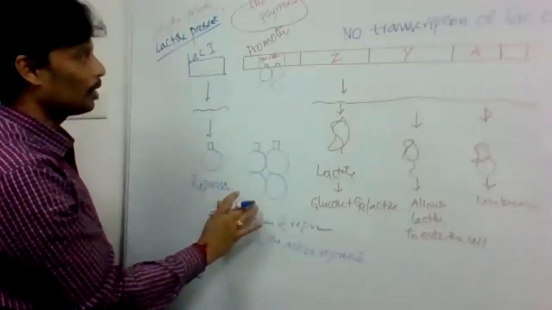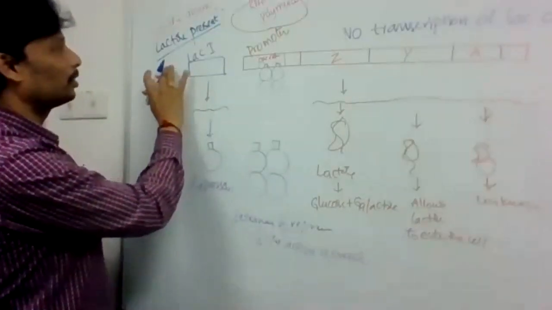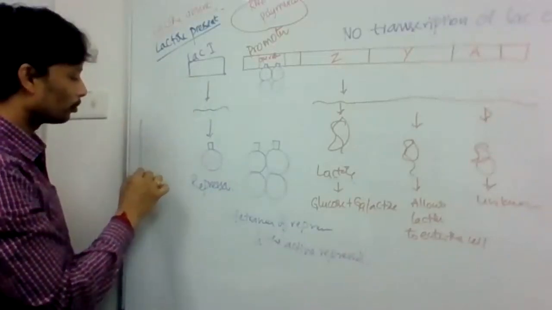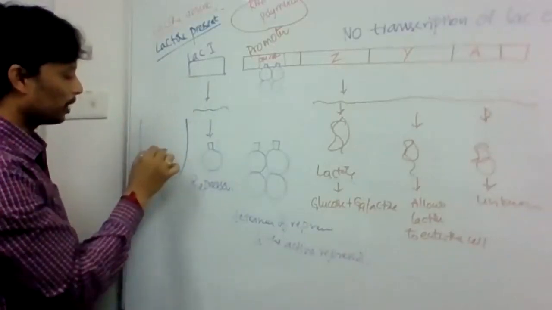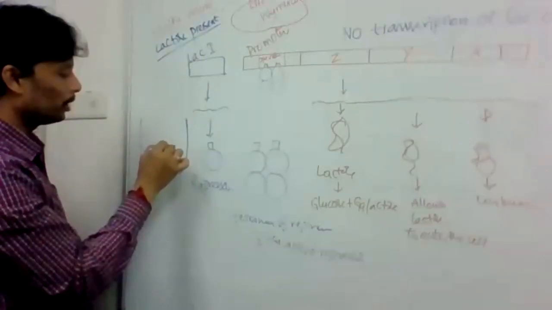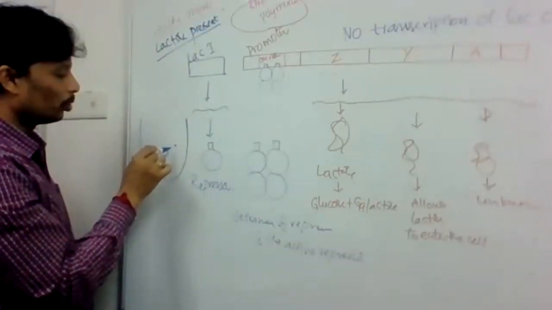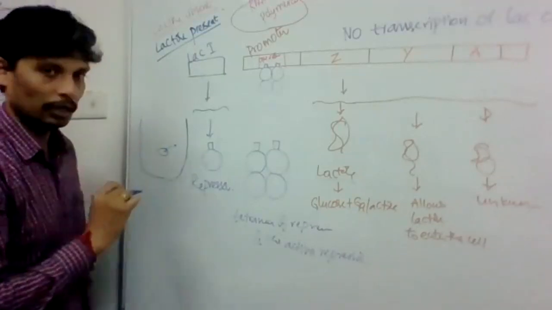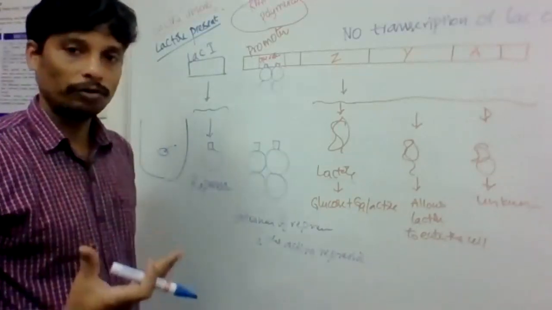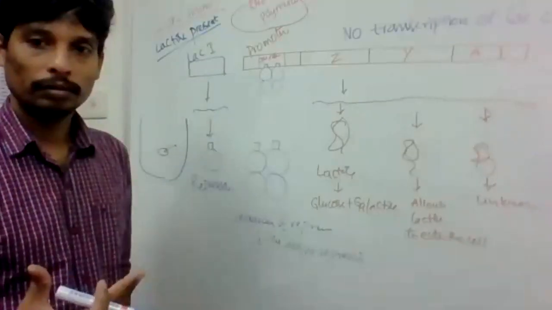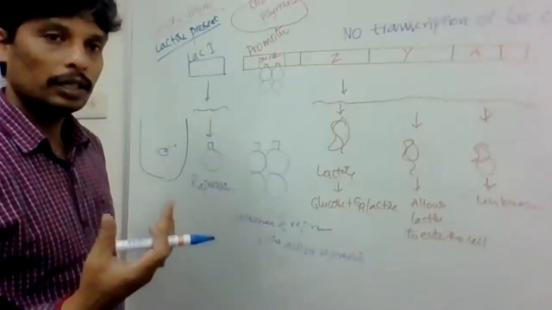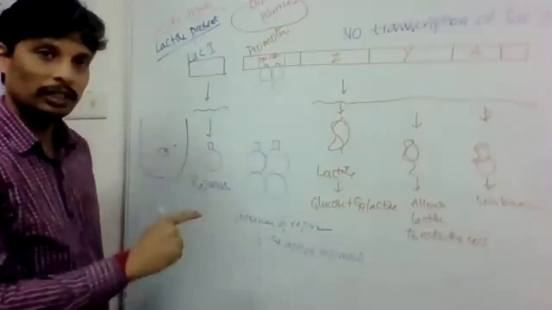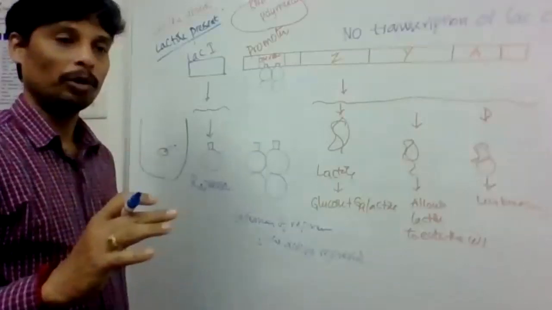But when lactose is present in the environment, where the bacteria is, it will enter the cell through a little bit of leaky entry, and a little amount of lactose will be present inside the cell.